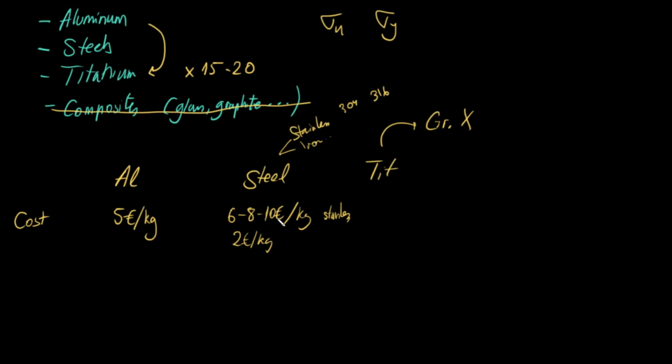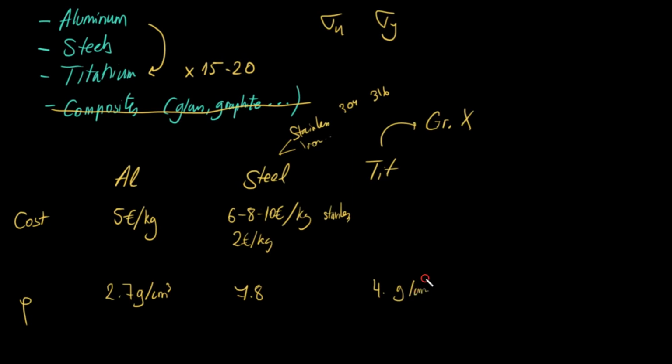But remember that aluminum's density is around 2.7 grams per cubic centimeter, and steel is maybe 7.8. Titanium is 4 point something, around 4. Don't use it that much.